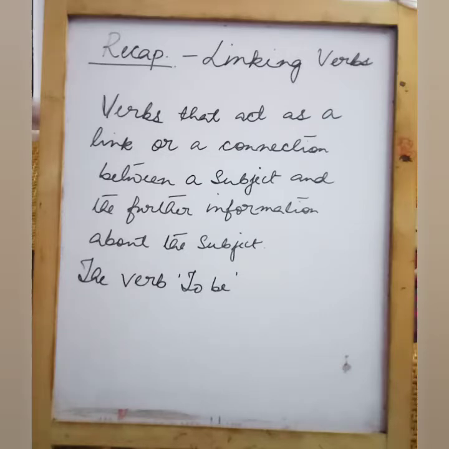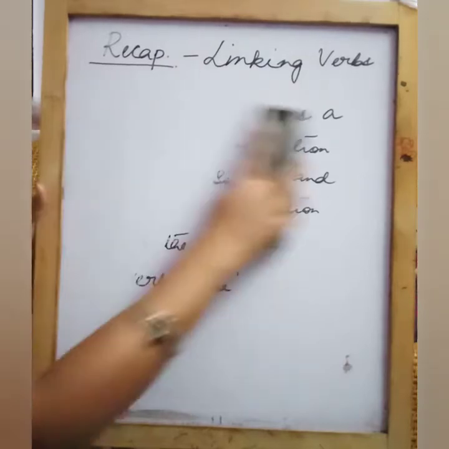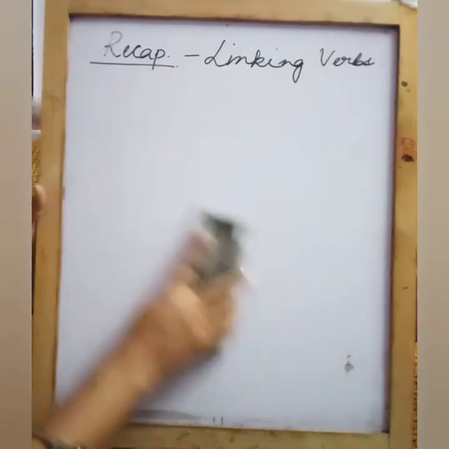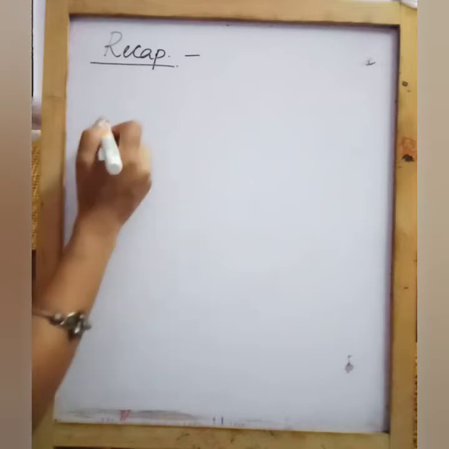So the verb to be is the most common linking verb, but there are also others such as stative verbs. If you remember, we had also done stative verbs. Stative verbs describe a state rather than an action. It is similar to the linking verbs. Like, if I say, she is a nurse.